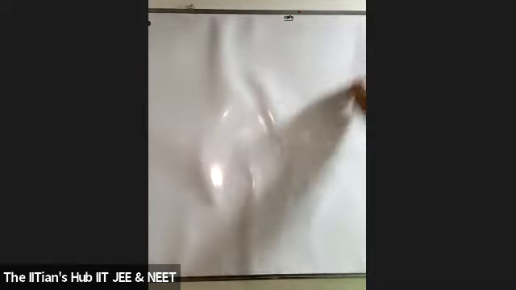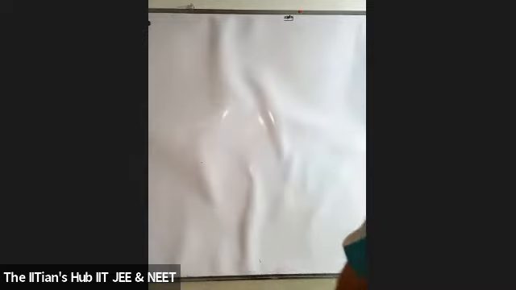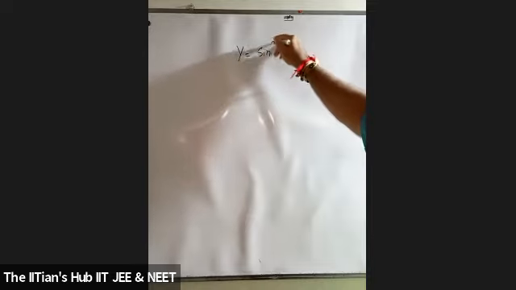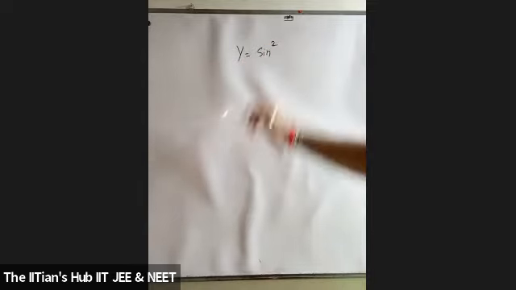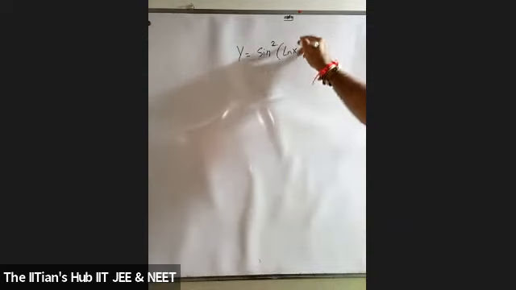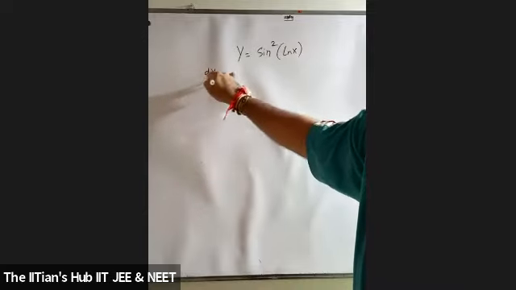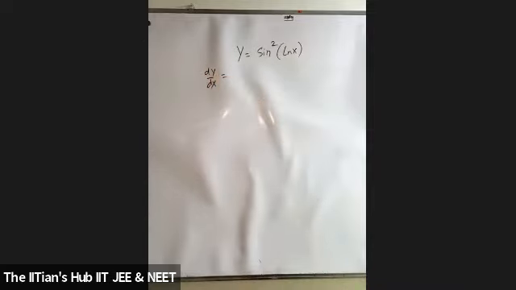Many students get this particular problem wrong in the first attempt, even good students. Question is, y is equal to sine square ln x. I wanted to differentiate dy by dx. Give me the answer for this.